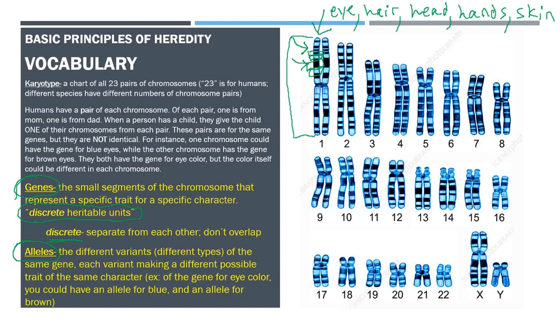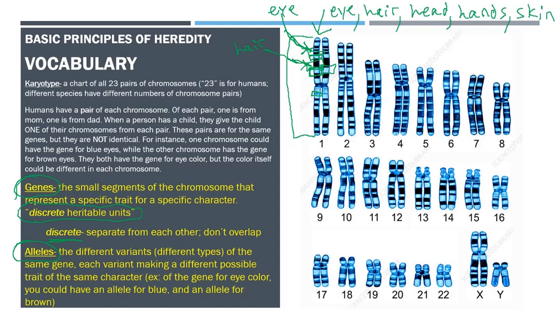But these little stripy things, these are the individual genes. So like, let's say for instance, this little stripe would stand for eye color, and this little stripe would stand for hair color. So each of these little stripy things are different genes, and each corresponding gene on each of the chromosomes in the pair would be called an allele.